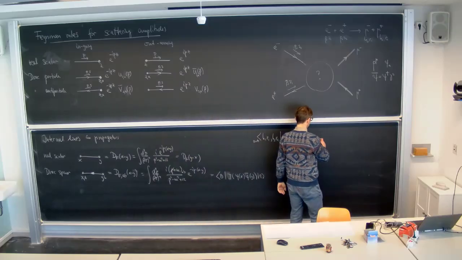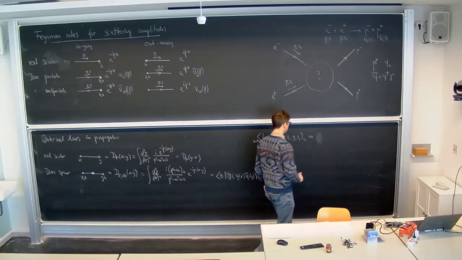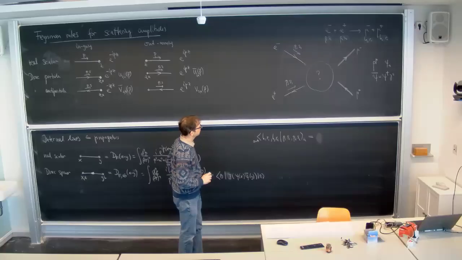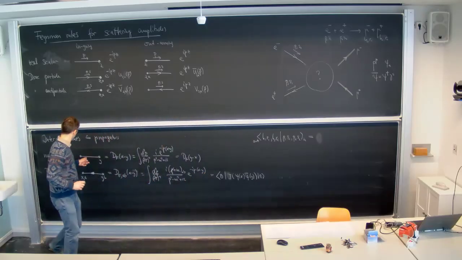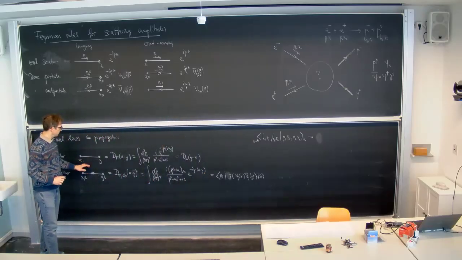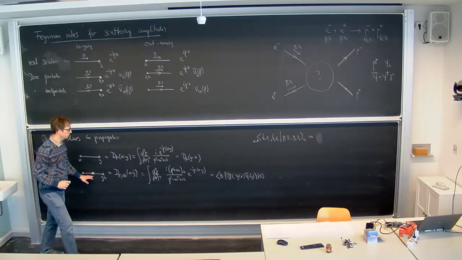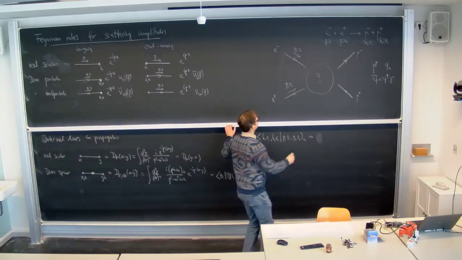What are our options, right? We can connect this thing with the propagators. They're not the scalar, just the fermion here. So I could just connect the two.